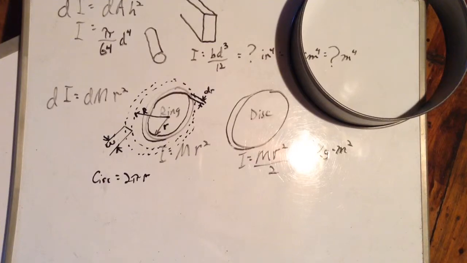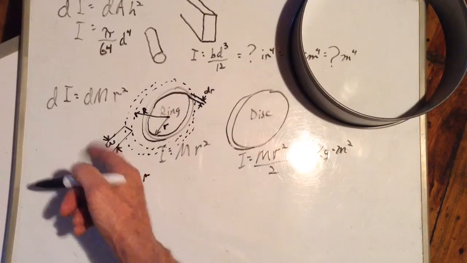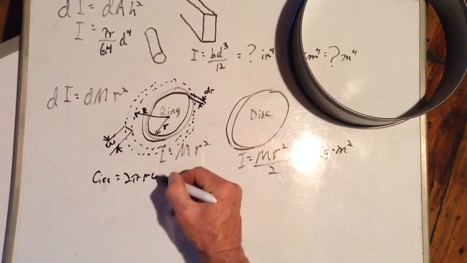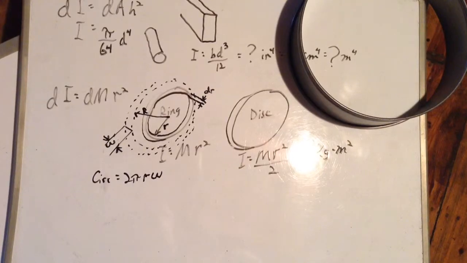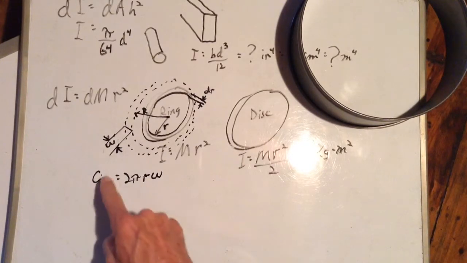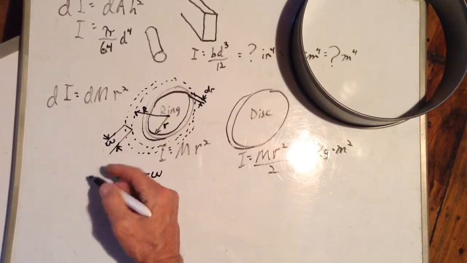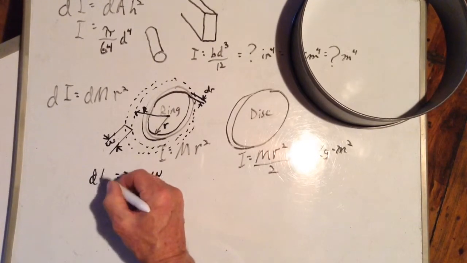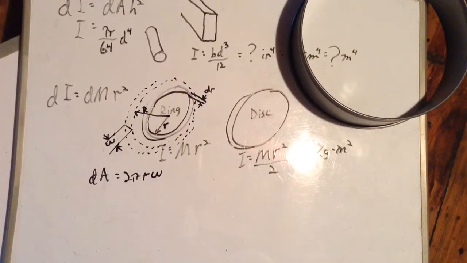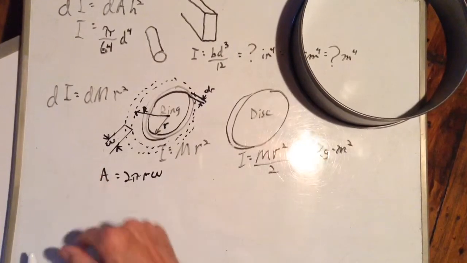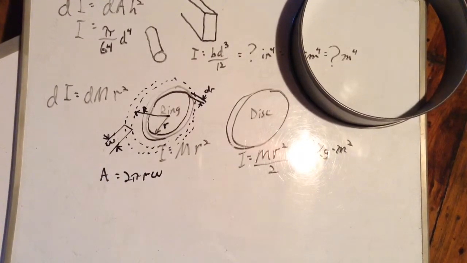And we said the area of this ring is equal to the circumference of the ring times the width of the ring, which is W. So throw our W in there. Circumference equals that. Area equals circumference times W. We'll call that dA. Actually, that should be A.